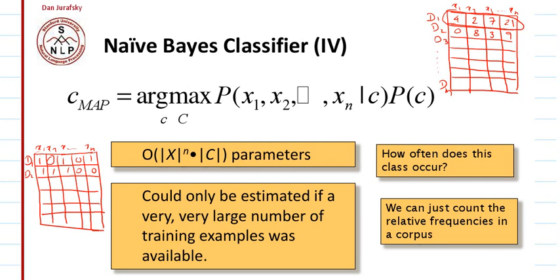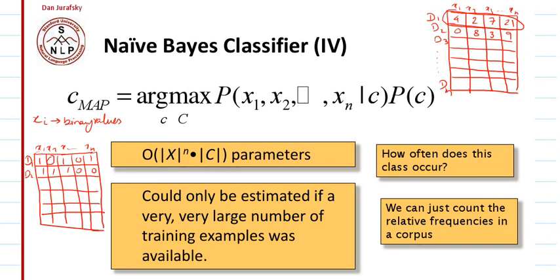So in this case, if we see the possible values when xi is a binary variable, that means it can have only two possible values. Then in case of binary values, we can have mod x to the power n parameters, right?